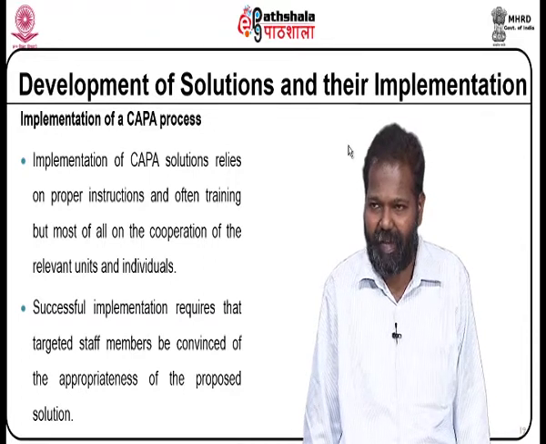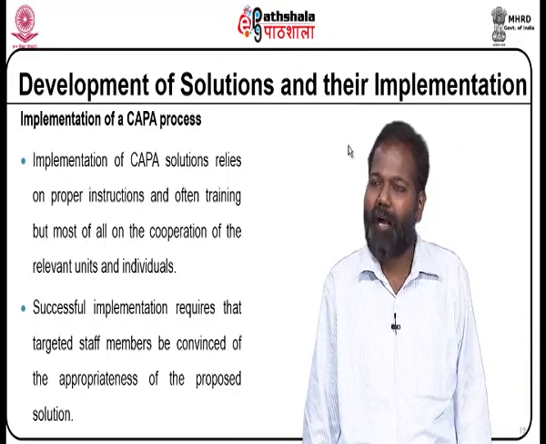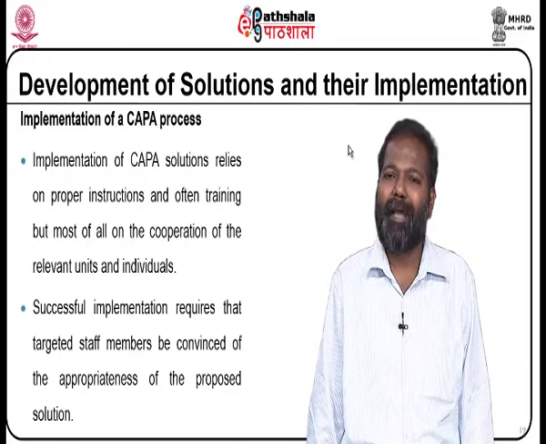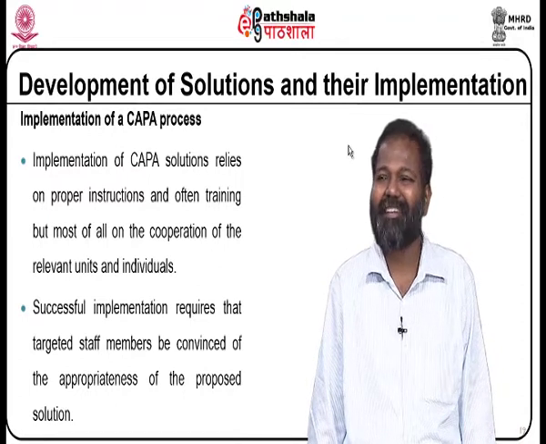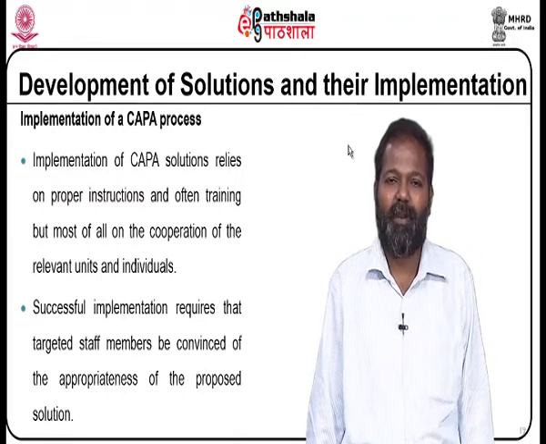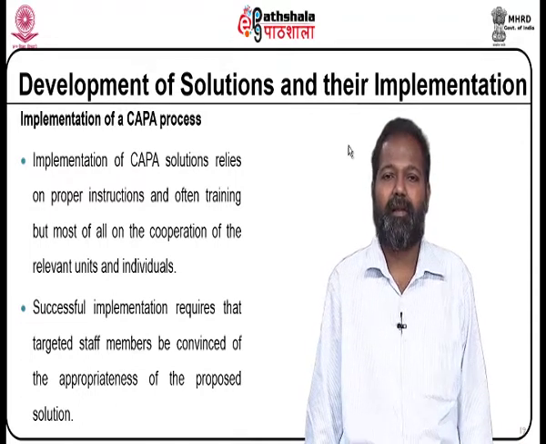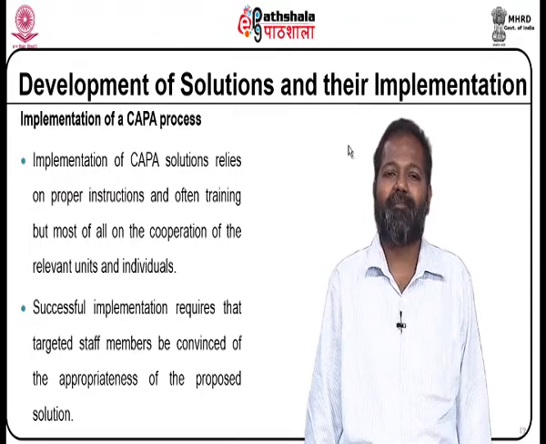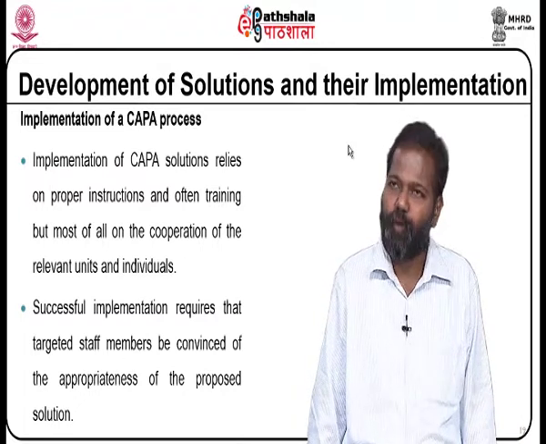As I have mentioned already, deviations from accuracy may lead to wrong actions or wrong decisions. Successful implementation requires that targeted staff members are convinced of the appropriateness of the proposed solution.